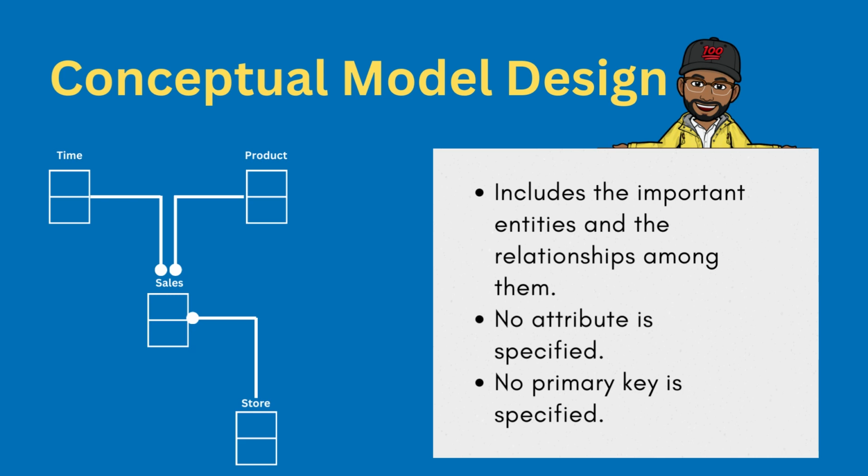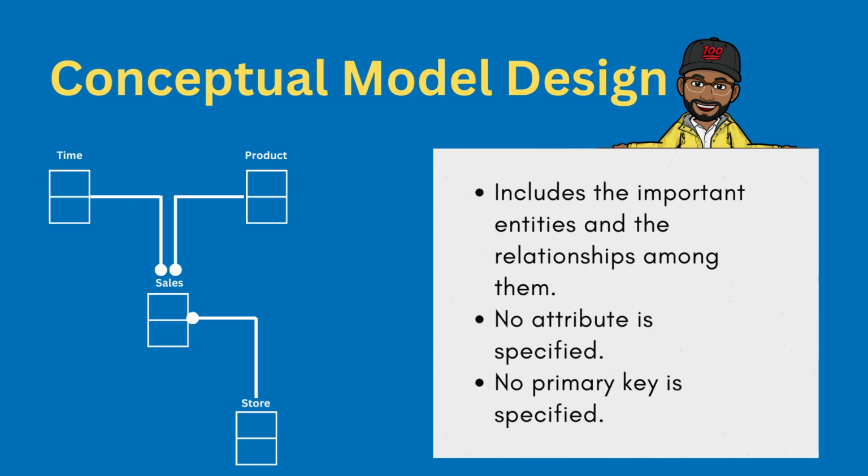You draw all the dimensions with only the name, no need to mention any detailed information. These are called entities. Entities are nothing but tables. The technical word is table, but in the conceptual data model, we call it an entity.